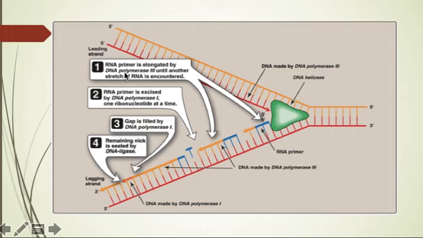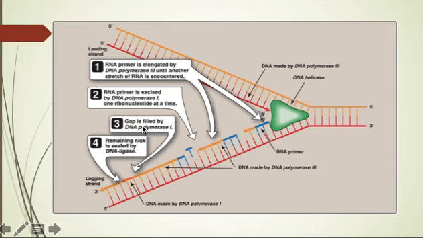The first one, the RNA primer, is elongated by the DNA polymerase 3 until another stretch of RNA is encountered. You can see here the RNA primer till another RNA stretch is encountered. The RNA primer is removed by DNA polymerase enzyme 1, one ribonucleotide at a time.